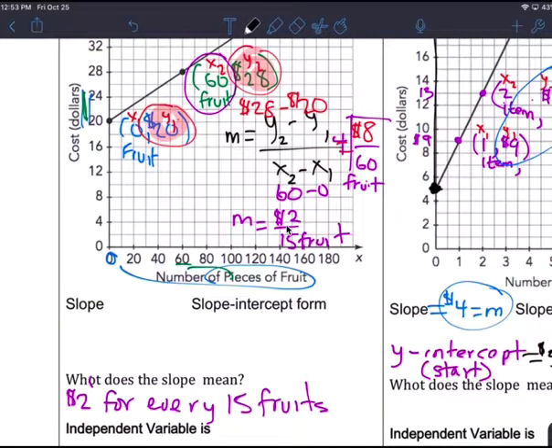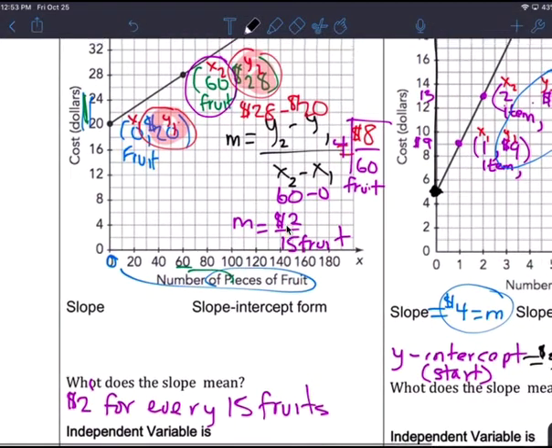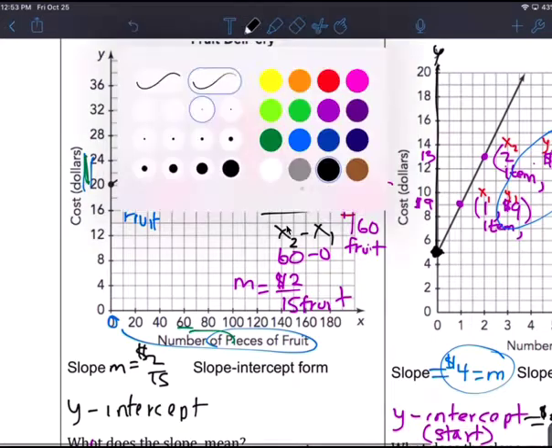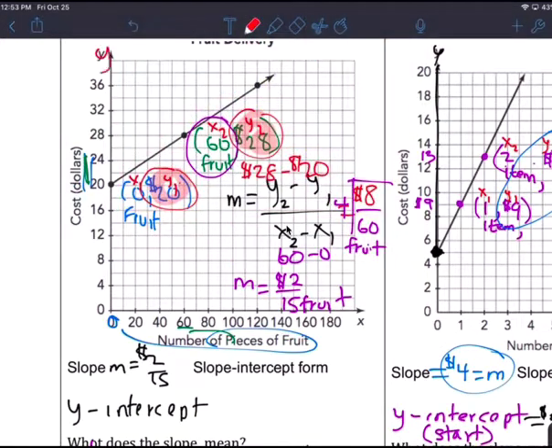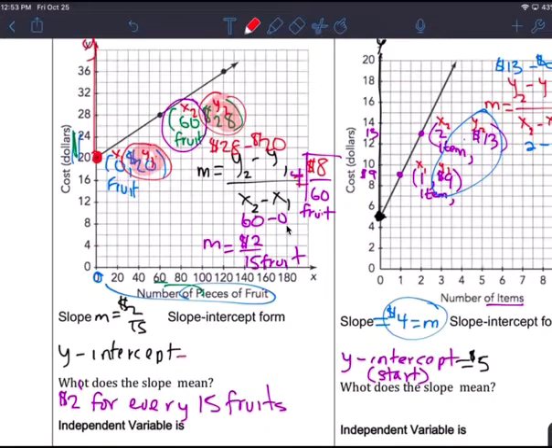Okay, the slope here was M is equal to 2 over 15, $2 for 15 items. The y-intercept, where the graph starts, here's the y, go down, starts out at 20. Y-intercept is 20. Okay, B is 20.